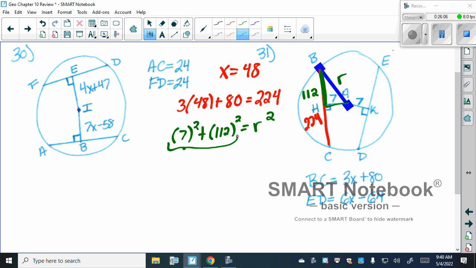So we can do 7 squared plus 112 squared, which tells us that r squared is equal to 12,593. Well, we kind of expected, especially if one of the sides is 112.